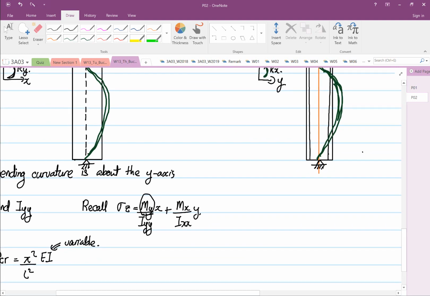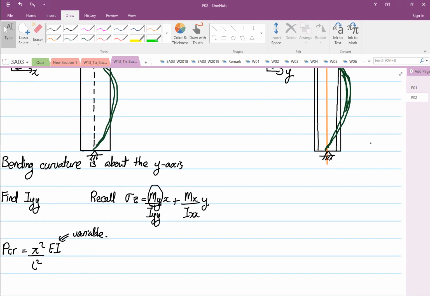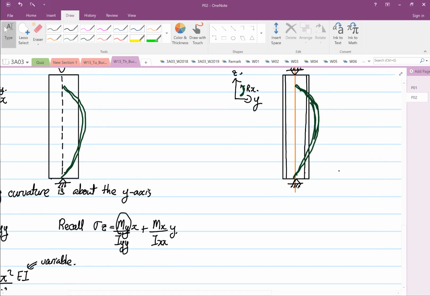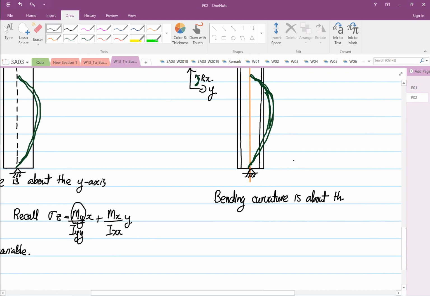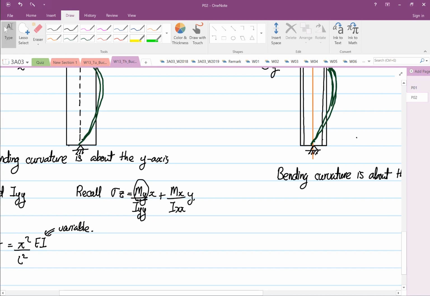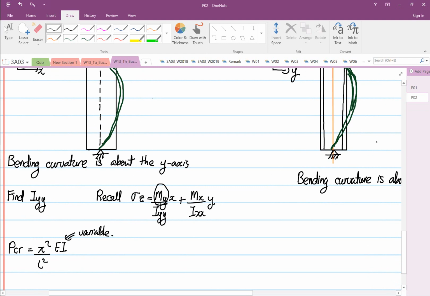So if it's going to buckle this way, the bending curvature is about the x-axis. For this case, we have to find Ixx.